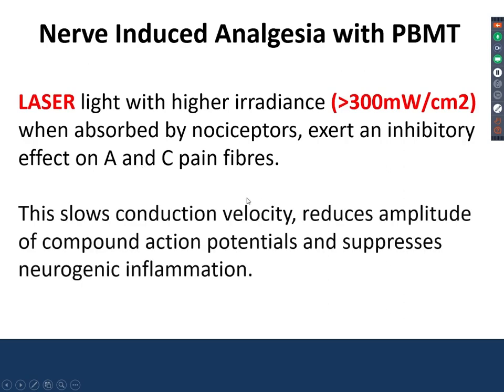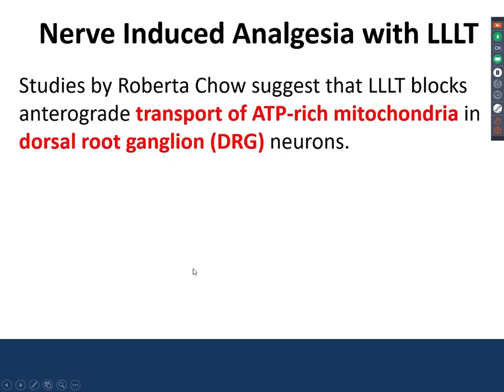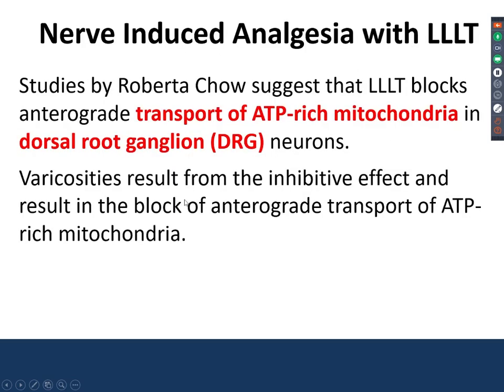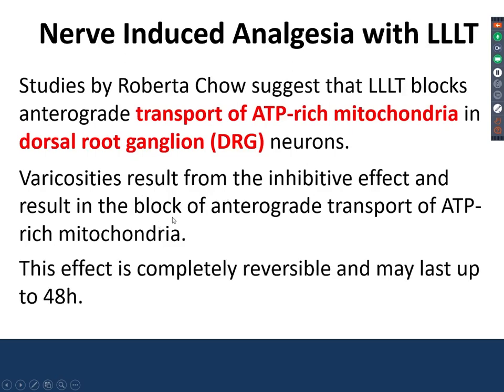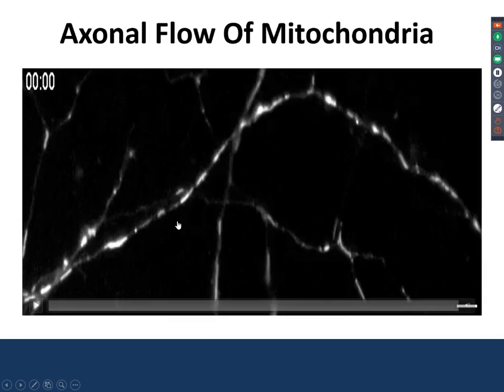So by blocking these pain fibers, you can slow the conduction velocity, and that leads to actually reduced pain sensation or an analgesic effect. A lot of this work was done by Roberta Chow, and she actually did research and showed that you get this formation of varicosities with this light, and it blocks the actual flow of mitochondria, and it's reversible, and the effect can last up to 48 hours.